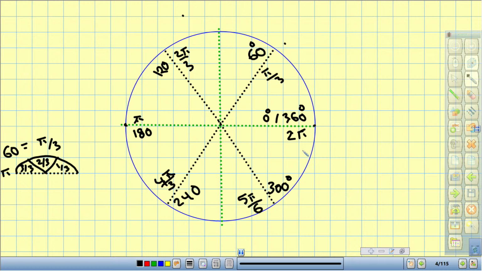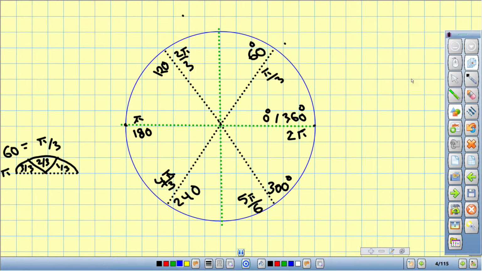All right, let's put some points. For this one, we have to know your 30-60 triangle. That's why we spend a lot of time on the 30-60 triangle and 45-45. It's because of this. So let me put the 30-60 triangle.